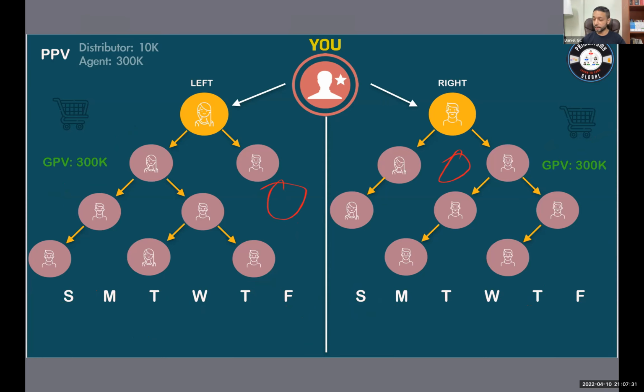This 3 lakhs on the left can happen in 2 days, in 3 days, in 5 days, or in 1 month. It depends on how many people you have. And like Jaron mentioned earlier, how many people are consuming, how many consumers do you have under you?